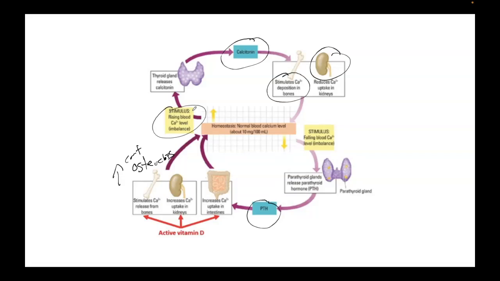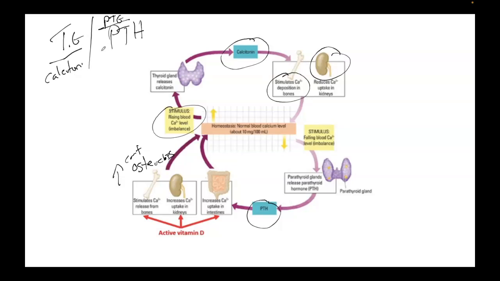Okay, so there's that relationship between the thyroid and the parathyroid. We have the parathyroid hormone produced by the parathyroid gland. The thyroid gland is going to push out calcitonin.